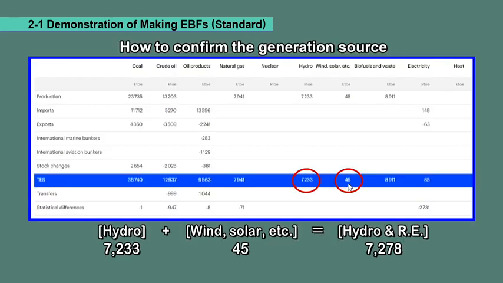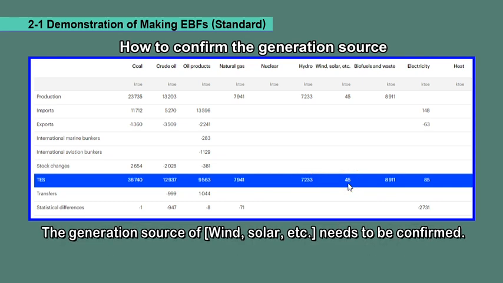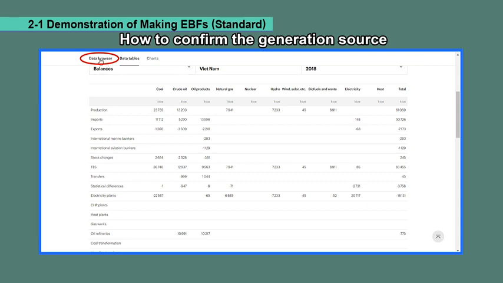We can basically calculate the scale of RE as the sum of the IEA table's hydro 7,233 and wind, solar, etc. 45. Please note, however, that you need to identify what is in wind, solar, etc., such as geothermal. To identify this, click Data Browser.